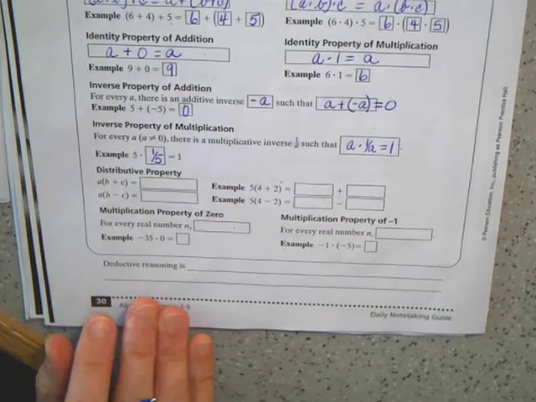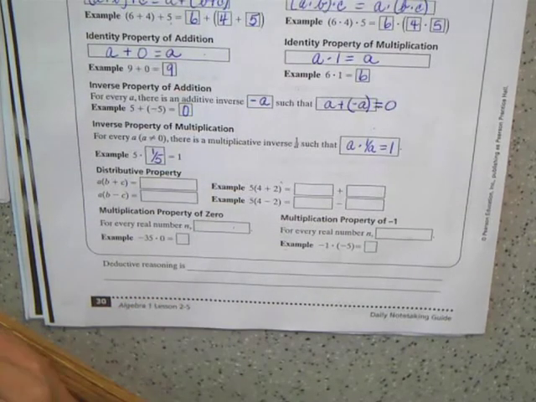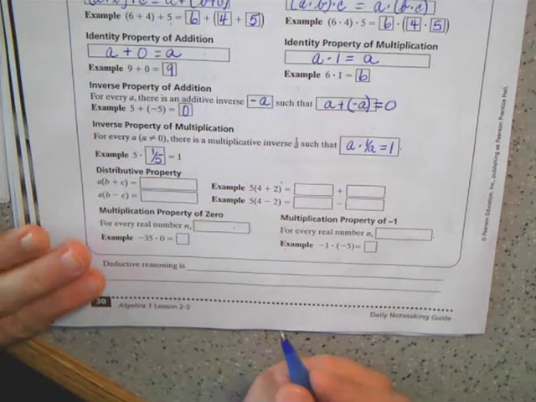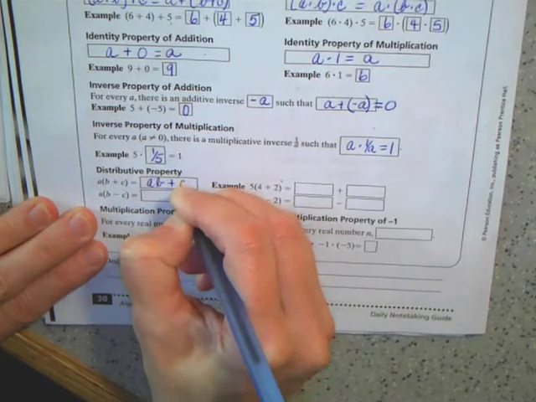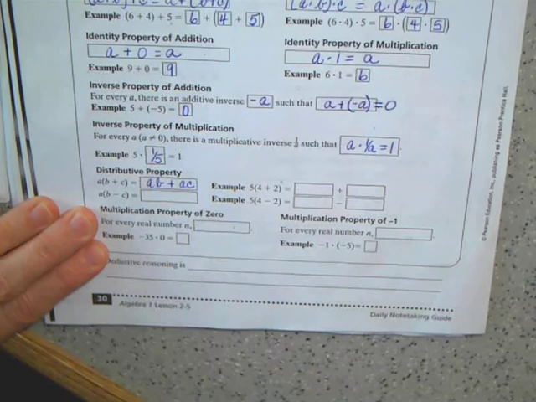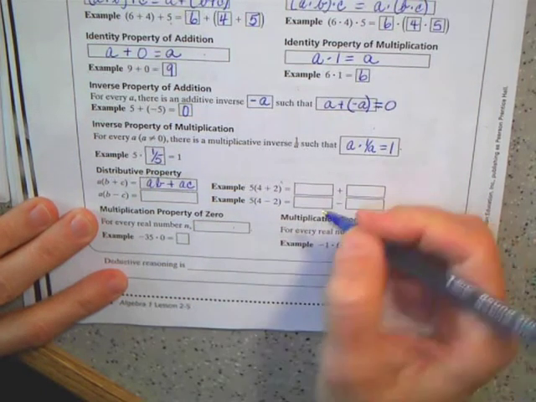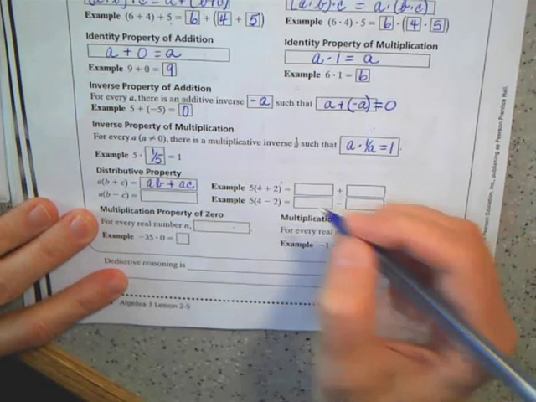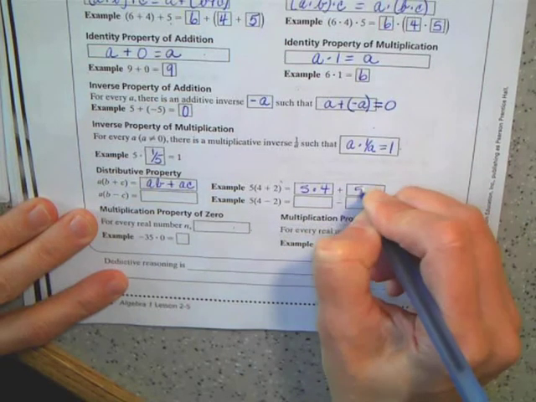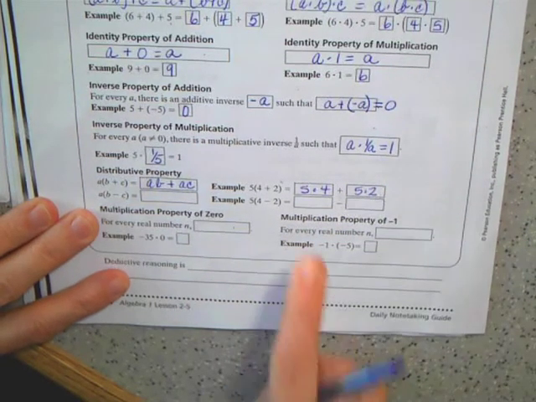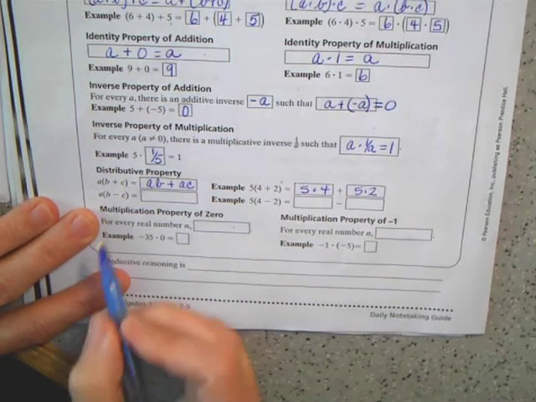The distributive property, a times the quantity b plus c, gives us ab plus ac. So 5 times the quantity 4 plus 2 gives us 5 times 4 plus 5 times 2. Of course, we could simplify further when we have numbers as well.